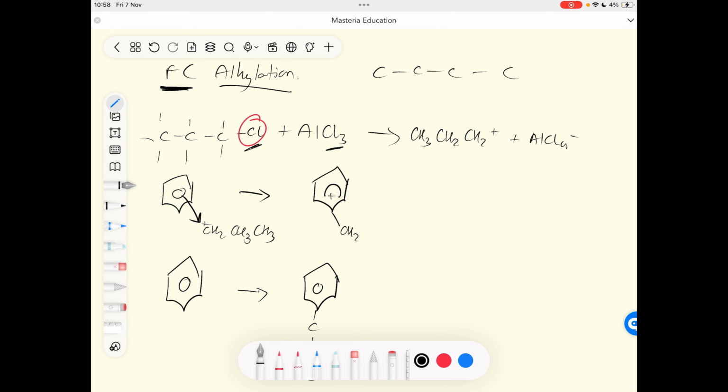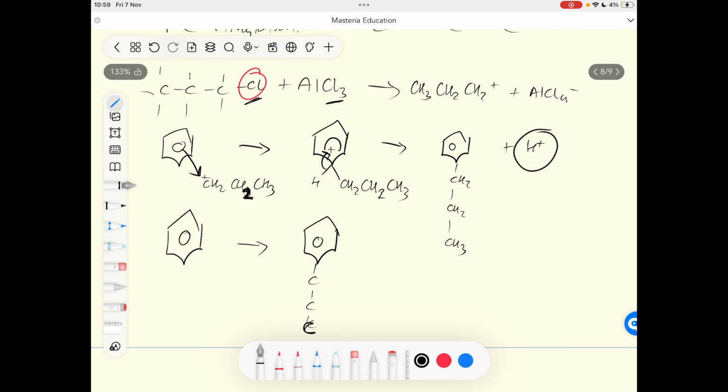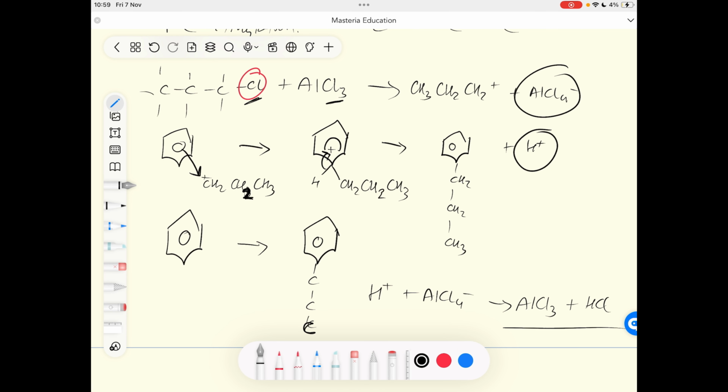We'd have my CH2, CH2, CH3, apologies, that should be a CH2, and then a hydrogen. Then again, that will break, and then last but not least, we form exactly what we did all the other times, which is this, with the addition of the H+. And again, in terms of step 3, it's going to be the H+ reforming the catalyst, which is here, in order to form AlCl3 plus HCl. And this is the molecule we end up with.